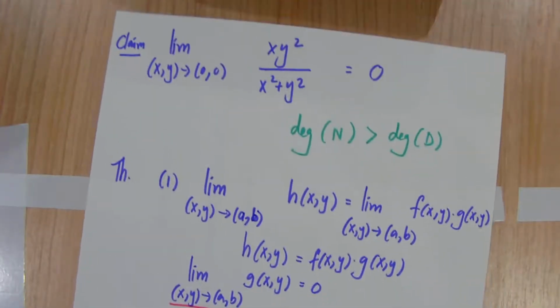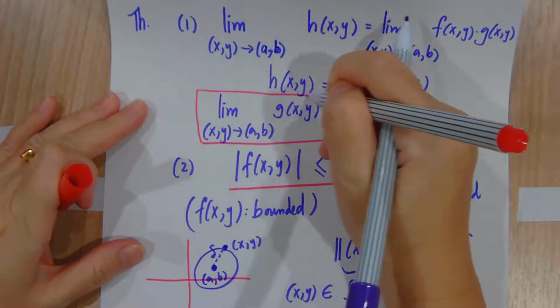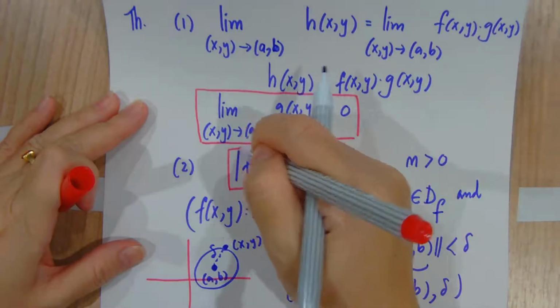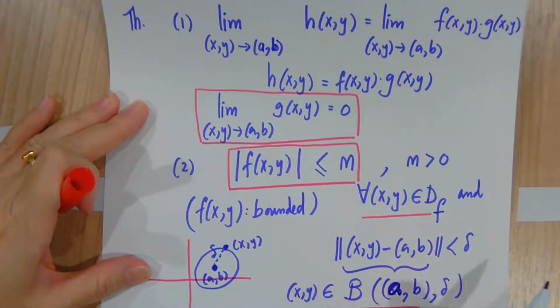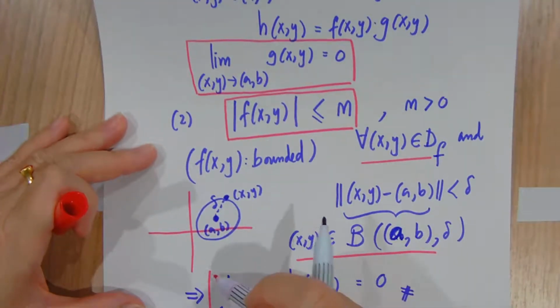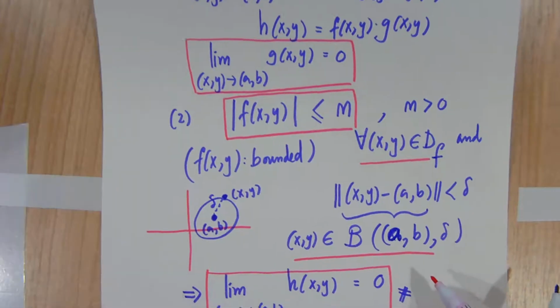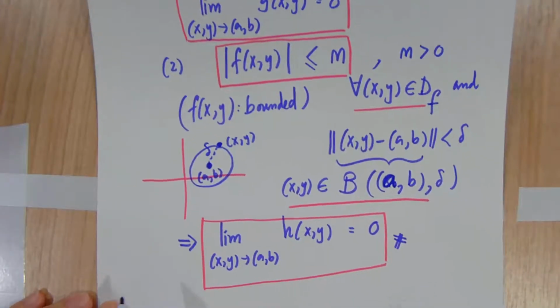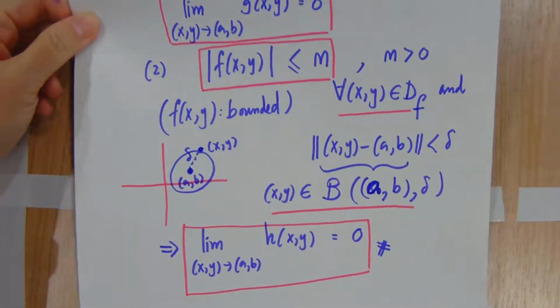If we have these conditions, when the term f is in this, then we can get that the limit of the function h also equals 0, okay? So let's see the examples to make this clear, okay?